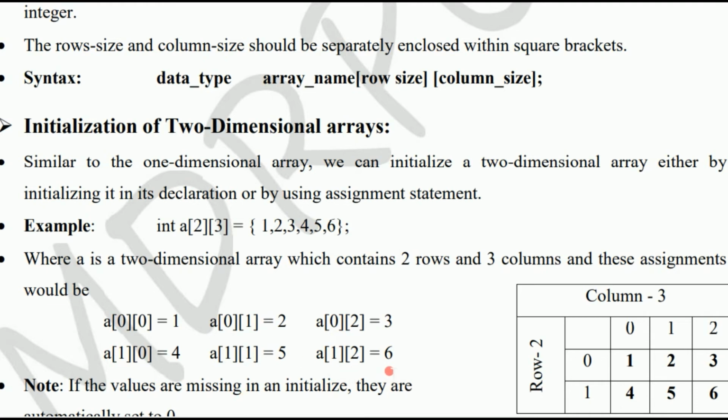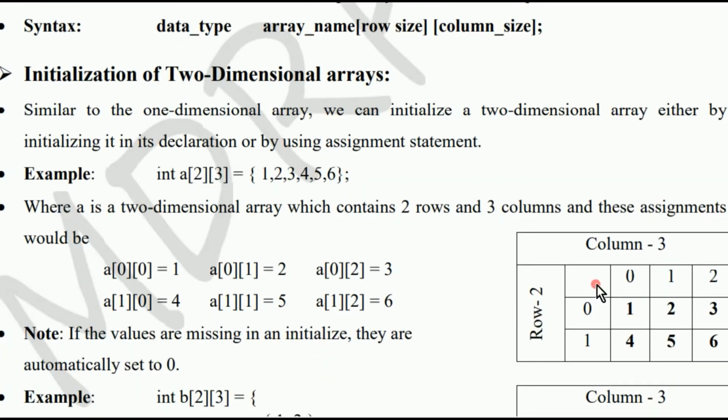That means we are using two subscripts, the row subscript and the column subscript, to take each value in the two-dimensional array. 2 rows and 3 columns. Now, 0th row, 0th column, 0th row, first column, 0th row, second column, and first row, 0th column, first row, first column, first row, second column.